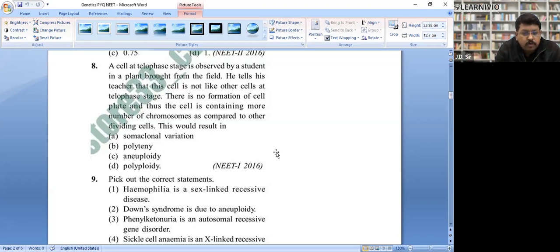There is no formation of cell plate, and thus the cell contains more chromosomes as compared to other dividing cells. This would result in somaclonal variation, polytene, aneuploidy, or polyploidy. This is a tough question. Read again carefully.